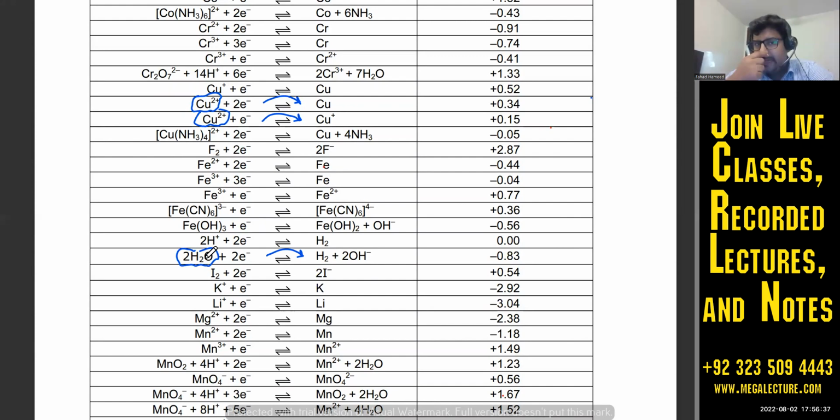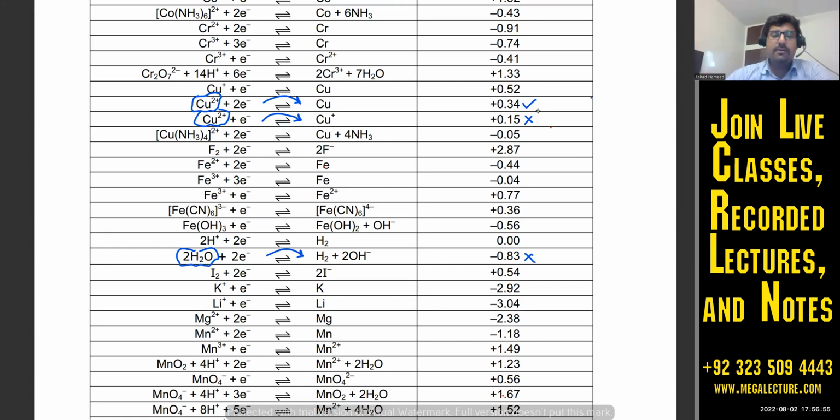And who ends up gaining electrons? The one that has the higher E naught. So who's got the highest E naught over here? You've got 0.34, which I think is the highest E naught. This is 0.15. This is minus 0.83.